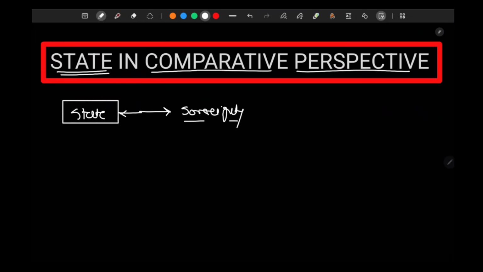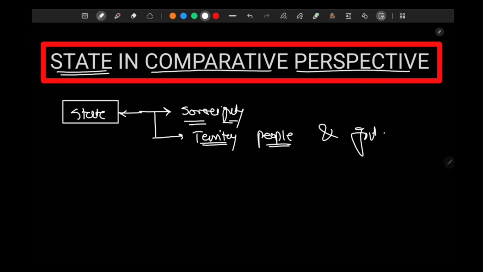State needs sovereignty, state needs territory, state needs people, and state needs government. These are the four primary features of a state: sovereignty, territory, people, and government. When you read NCERTs, these are the four primary elements that are given, and these are widely accepted to be the four primary elements of a state.